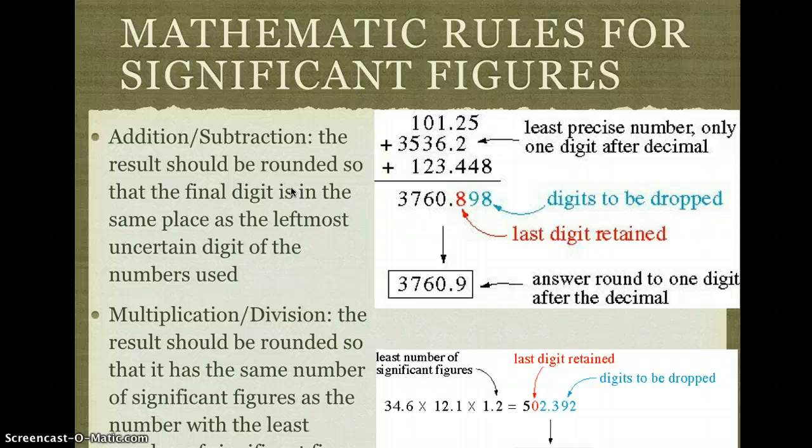That zero's between 2 numbers that are significant, so it counts as a significant figure, but that's where I need to round this. Now, this example is really not a good one because we'd think, oh, it must round to 50, but the number is 502, so the number would really need to round to a number that's the same size. It'd need to round to 500, but we also need to show that that 0 is significant.